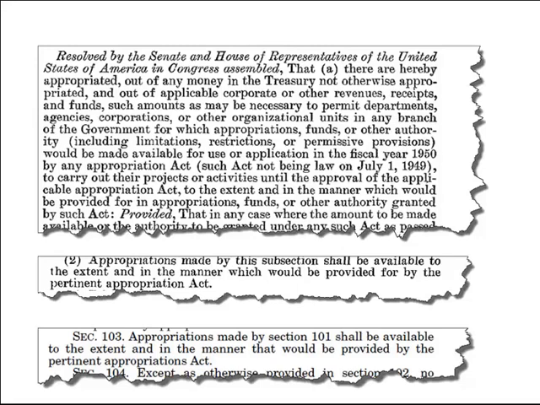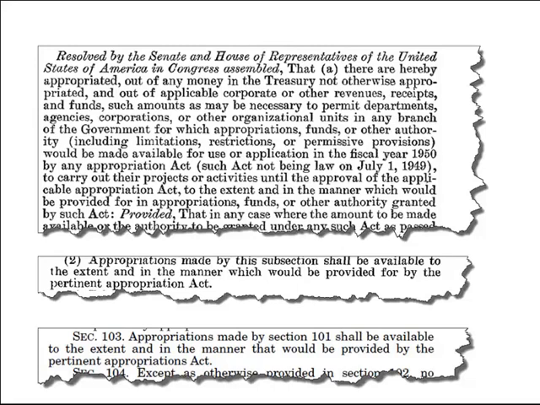Note that the fiscal year 2014 language still uses the futurity phrasing, to the extent and in the manner that would be provided by the Pertinent Appropriations Act, even though there are no future bills referred to. This seems to suggest that the language is a holdover from earlier CRs.